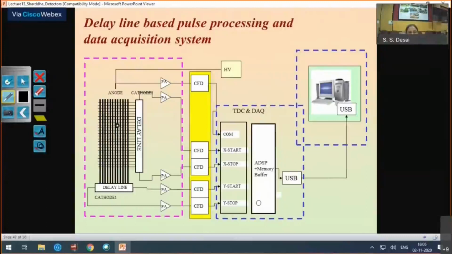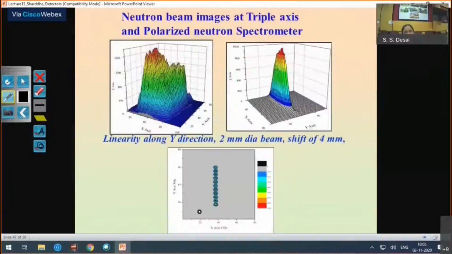That is the wire spacing which we have in this detector which I showed you. And this is the output of these delay line area detectors when used for a triple axis spectrometer, showing how accurately the beam size can be resolved.